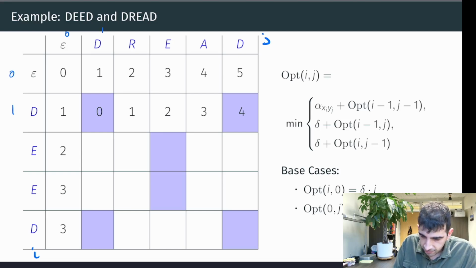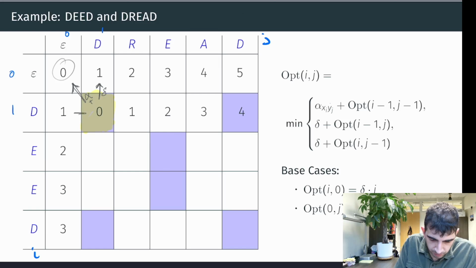So in this particular case we either have the minimum of alpha plus this value here, or delta plus this value here, or delta plus this value here. Okay, makes sense?